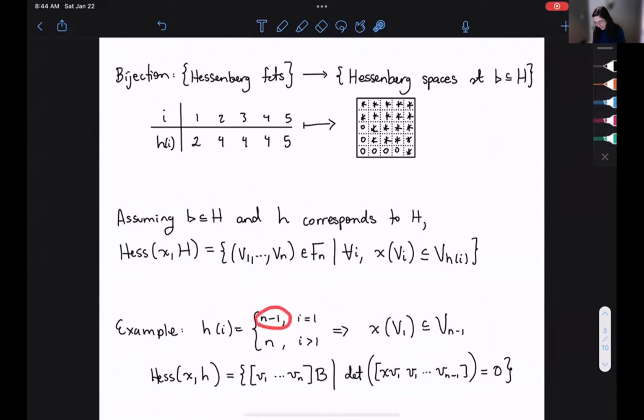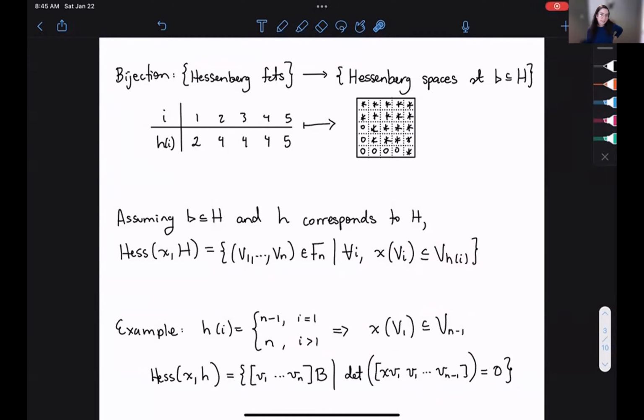It's h(1) = n minus 1, and if i is bigger than 1, it's just n. In that case, you want that for all i, X of V_i should be contained in V of h(i). And in most of the cases, this is just C^n. So this condition is for free. The only condition that is interesting is this one, where you have X of V_1 should be contained in V_{n-1}.